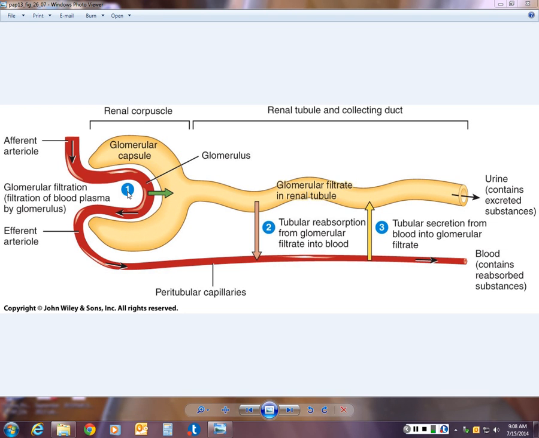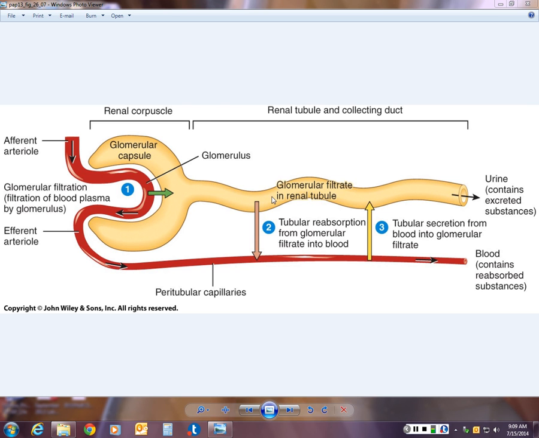So the process of filtration doesn't just remove waste, it just simply does what its name implies, which is to filter blood. So once again, that's glomerular filtration. Occurs within the renal corpuscle. We'll talk more about that in a little bit.